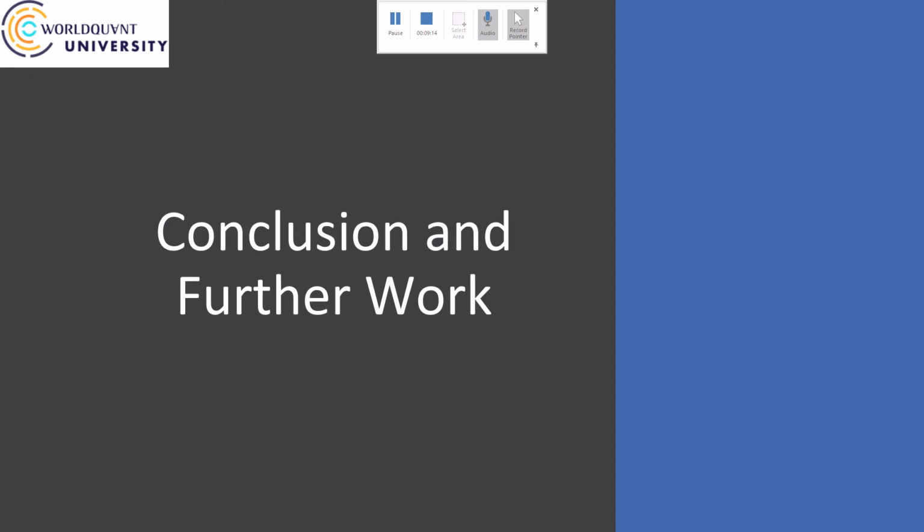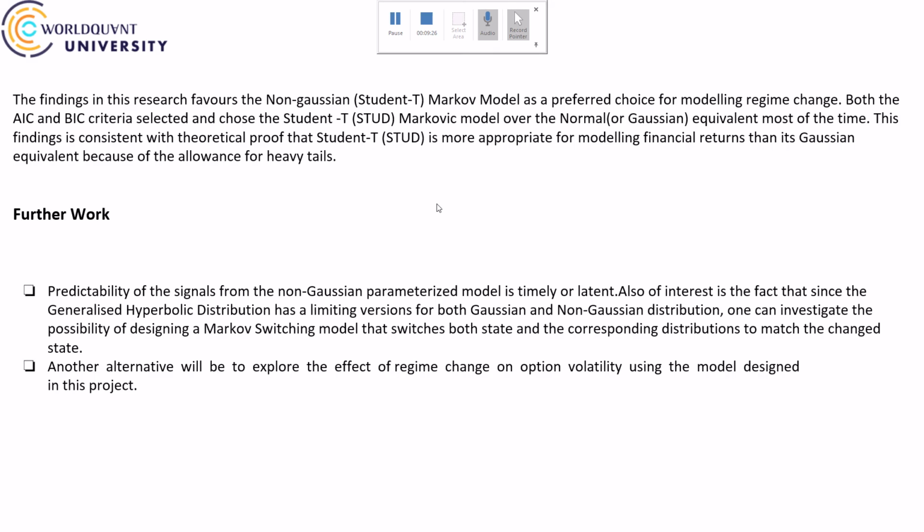After this discussion, we can now make some conclusions about our research project. We can say that the findings of our research favor the non-Gaussian, that is the student T Markov model, as the preferred choice for modeling the regime change.